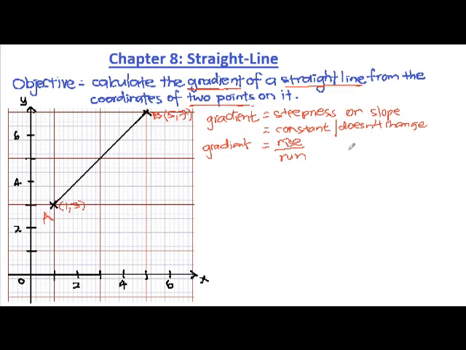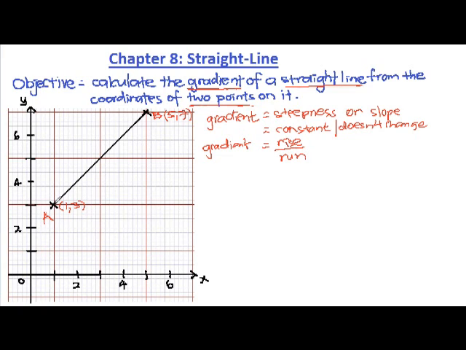In order to use this equation, we need to pick 2 points on the targeted straight line. For this example, I pick point A and point B, and let's start from point A.